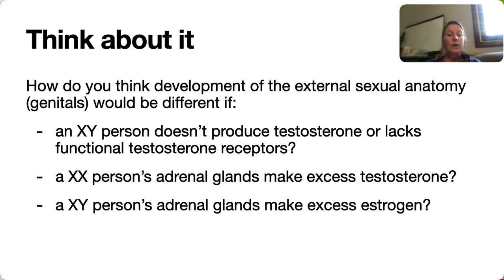Or what would happen if you have a person with two X chromosomes, but their adrenal glands produce way more testosterone than normal? How are their genitals going to look different? Or an XY person, where their adrenal glands produce way more estrogen than what is typical. All right, so puzzle on that for a little bit.